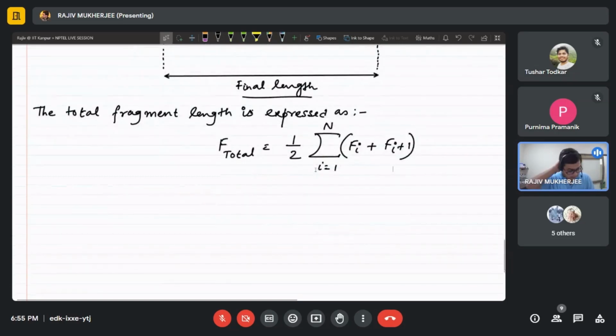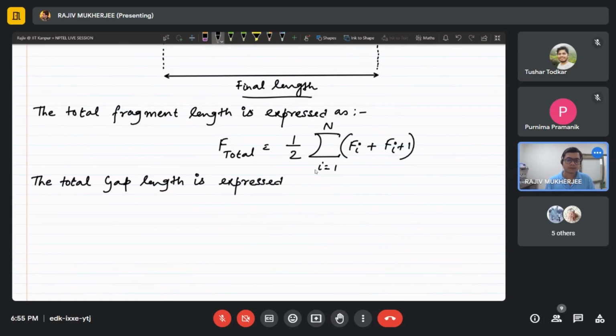The summation of gap remains the same. G total is the same as before, i equal to 1 to n, g_i.